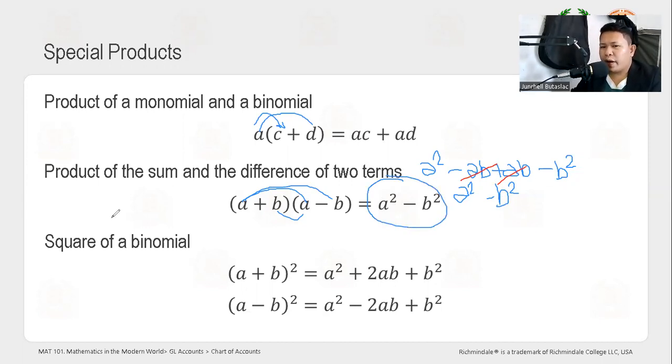Next, the square of a binomial. What is the square of a binomial? It is the same as distributing it twice. A plus b raised to the power of 2 can also be solved as (a plus b) times (a plus b). It is much better to distribute this first using the FOIL method, so that you can easily understand.